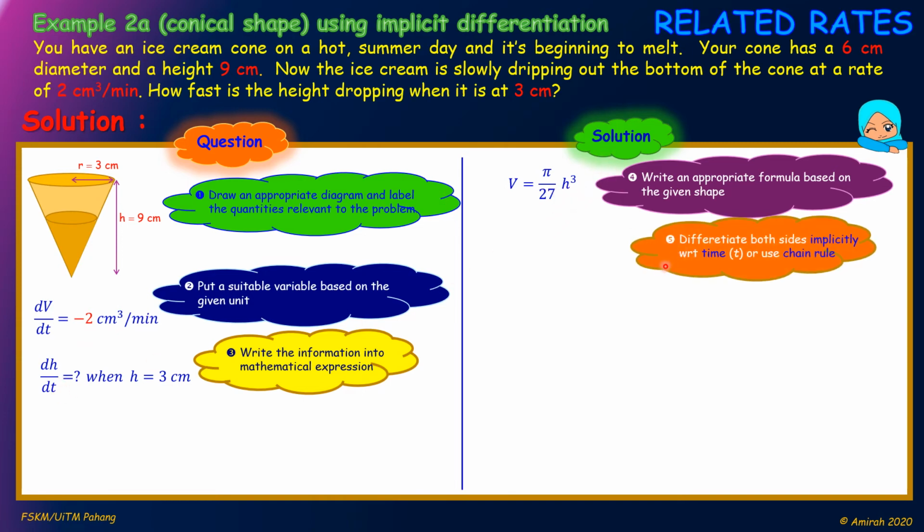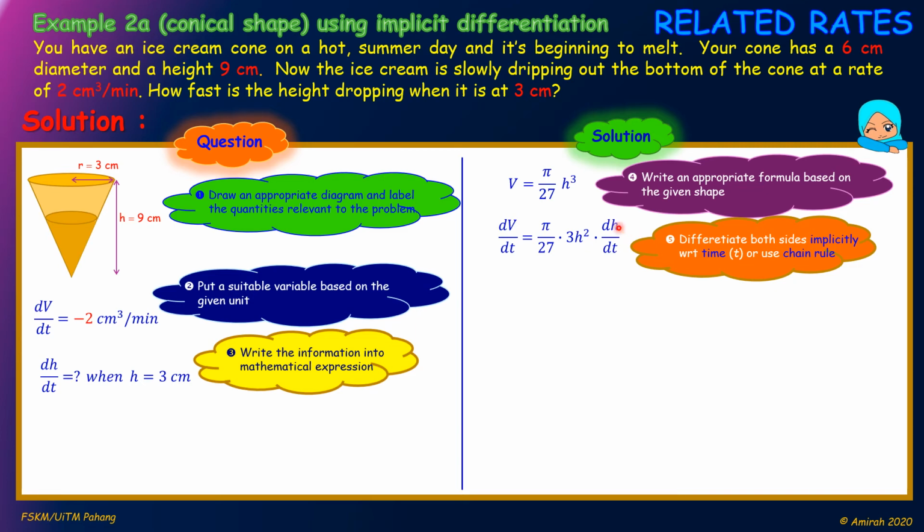And then step 5, differentiate both sides implicitly with respect to time. So after we differentiate, we have dV over dt equals to, and then we still put constant pi over 27, and we differentiate h cubed using power rule. So we have 3h squared. And after that, at the back, we must write dh over dt because we differentiate with respect to t.